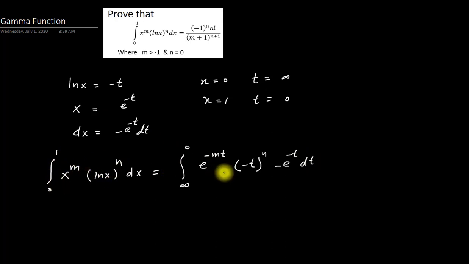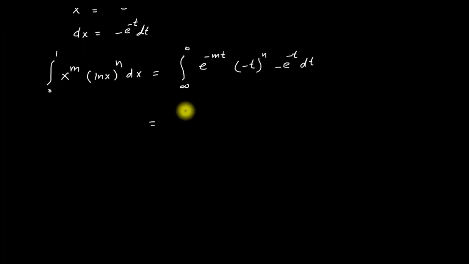By using these values, this term will become equal to this. Now, this equation can be written as the integral from 0 to infinity of e to the power minus mt minus t into (minus t) to the power n dt. Here this power and this power have been added.